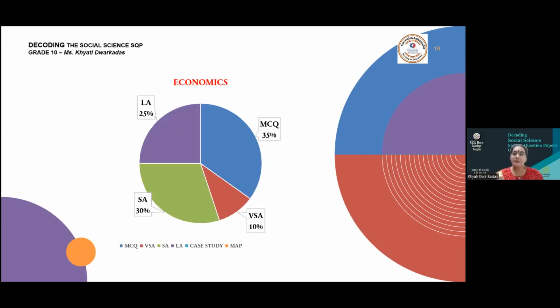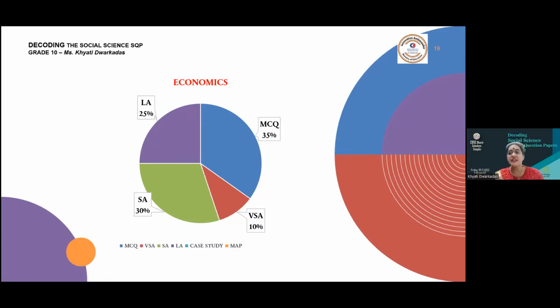But when you come to economics, the highest weightage has been given to MCQ, which is 35%. Very short answers remain at 10%. Short answers in this case have another heavy weightage of 30%, and long answers remain at 25%.